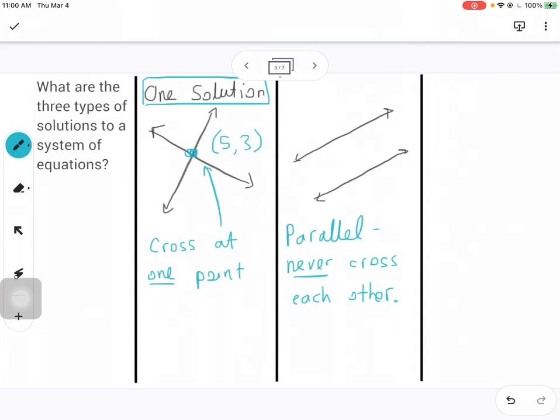That means that for parallel lines, there is no solution that makes both equations true at the same time. So when you have parallel lines, there is no solution.